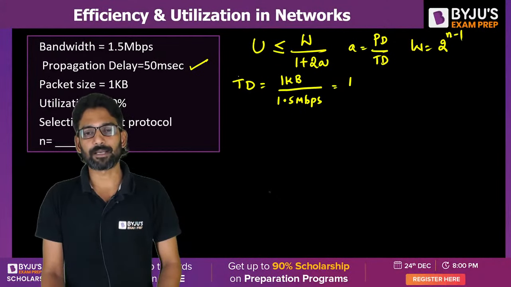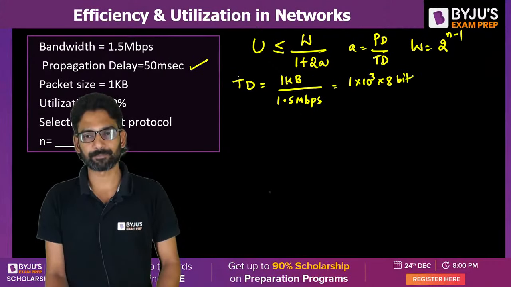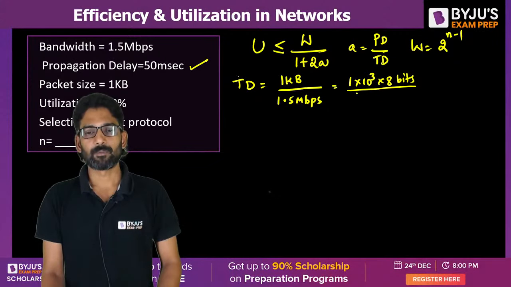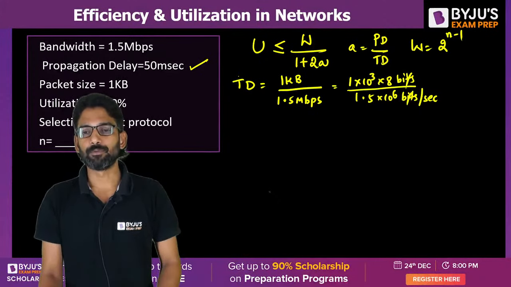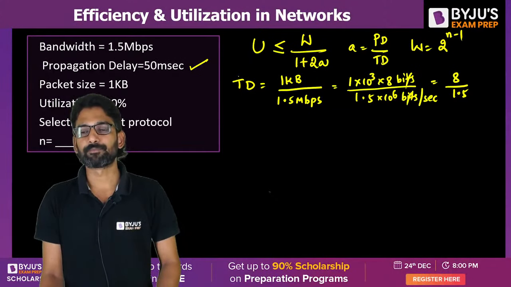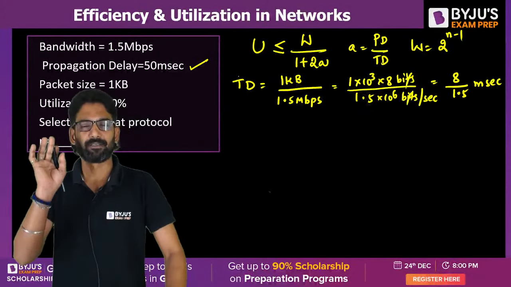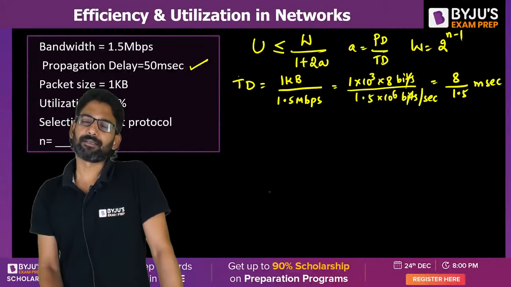So, I can write 1 into 10 cube into 8 bits by 1.5 into 10 power 6 bits per second. So, here you will get 8 by 1.5 milliseconds. Let it be, no need to calculate.